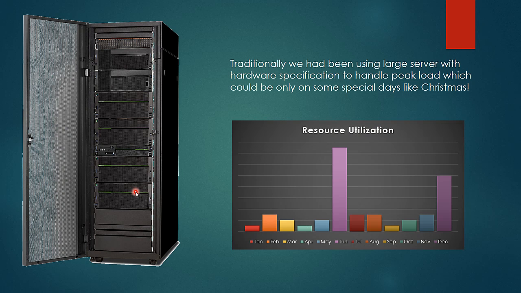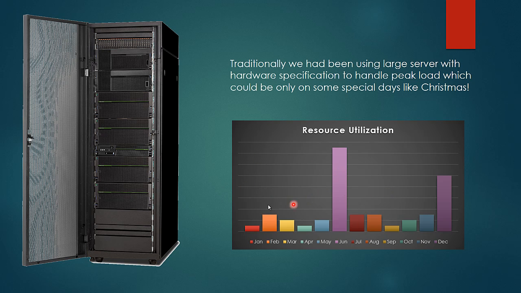Let's go back to the old days. We used to have a big server designed for peak load, which could be only for a day or two, like Christmas. In this resource utilization report, you can see that the server was busy during only, let's say, the month of June, and other months it was literally idle.